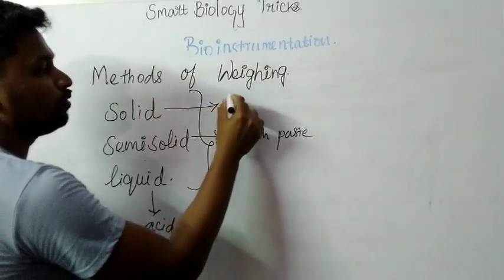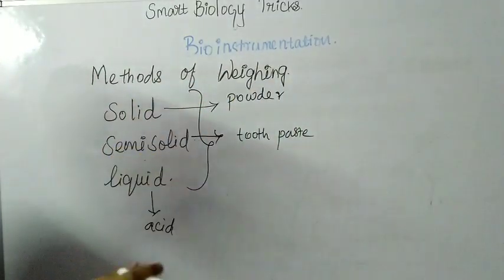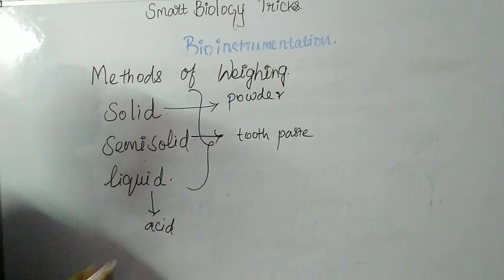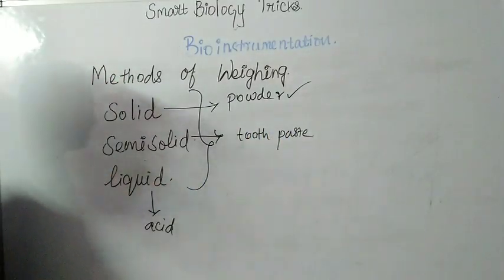A solid is in powder form, and most chemicals are powders. These kinds of samples can be easily measured using an analytical balance.